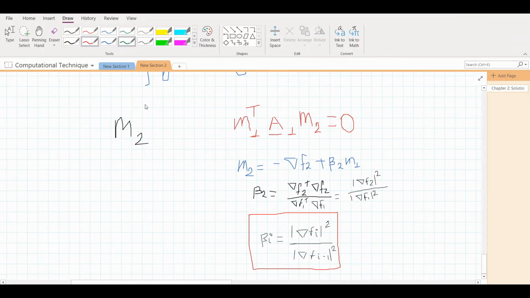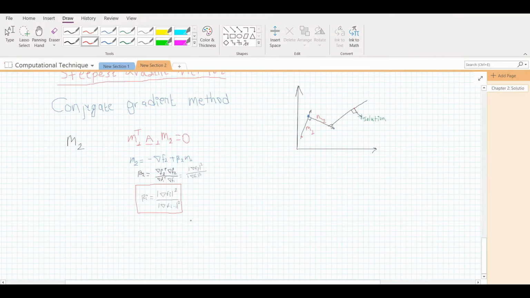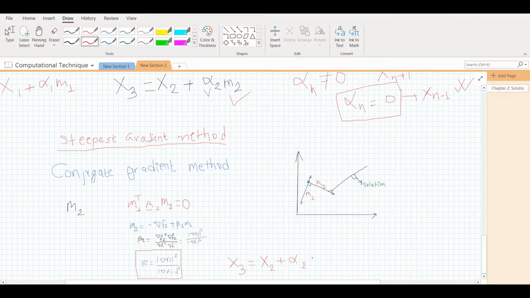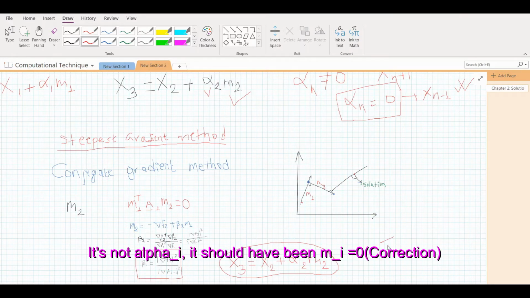Therefore you can obtain your M2, so your x3 here would be equal to x2 plus alpha 2 M2. Now your M2 will be this one here, and then you can repeat your procedure again and again until you have alpha i equal to 0.